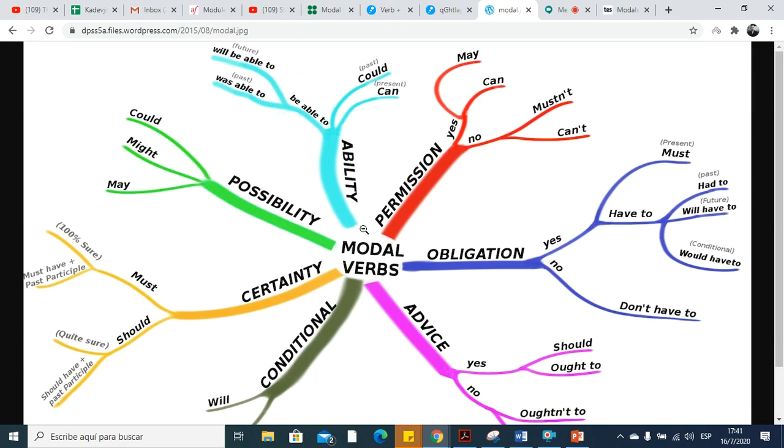Simplemente concéntrense en las ramas principales. Ability, possibility, certainty, conditional, advice, obligation, and permission. Now, ability, we have could and we have can. And then permission, we have si el valor es positivo, si el valor es un sí, podemos utilizar may or can. Si el valor es negativo, podemos utilizar must en negativo o can't en negativo también.